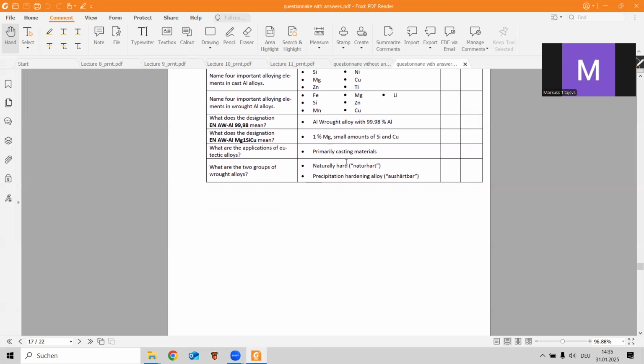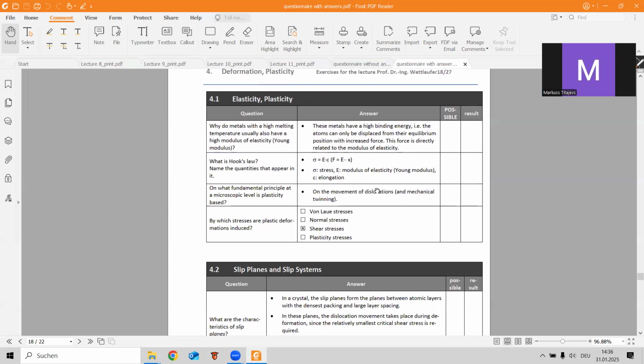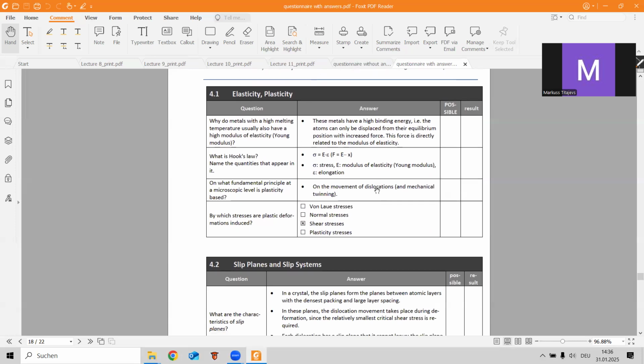Critical alloys, and the groups of wrought alloys: naturally hard, age hardening, precipitation alloys.